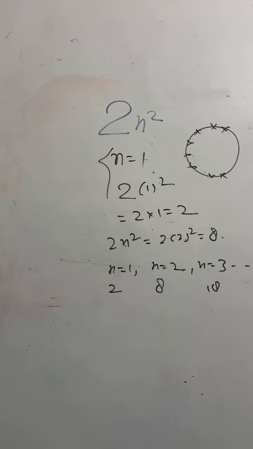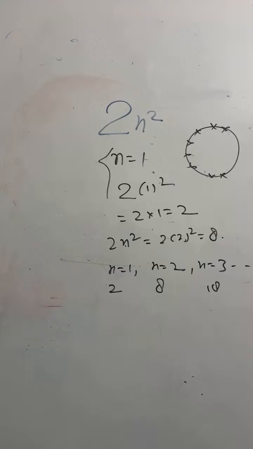Because according to Bohr's theory, the number of electrons should be either 2, 8, 18, 32, like that. So kindly type yes or no. Till now everything is clear?